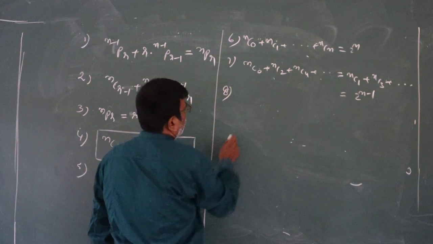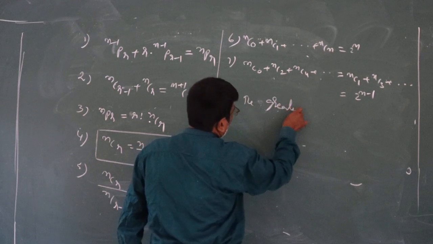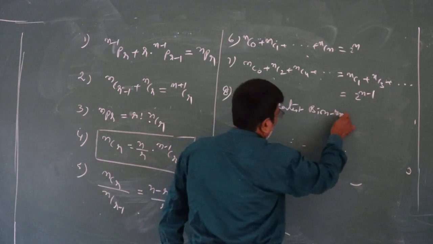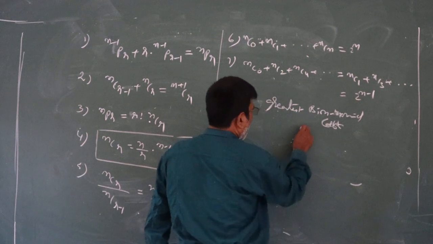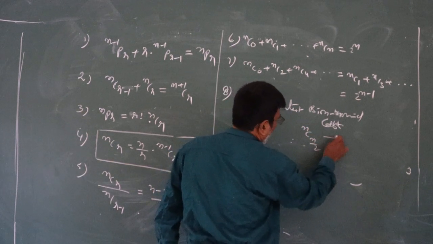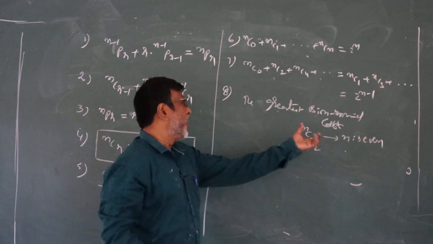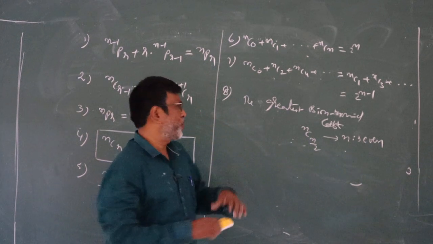Now one more formula, the greatest binomial coefficient. It is nothing but NC(n by 2) when n is even. This is very important. When n is an even number, NC(n by 2) is the greatest binomial coefficient.